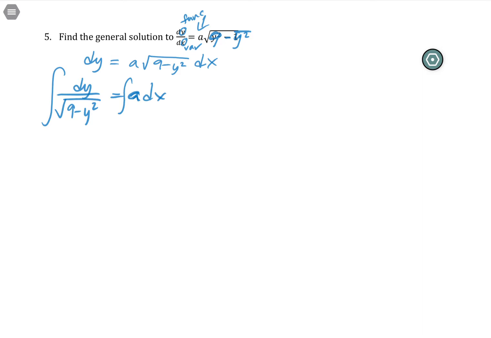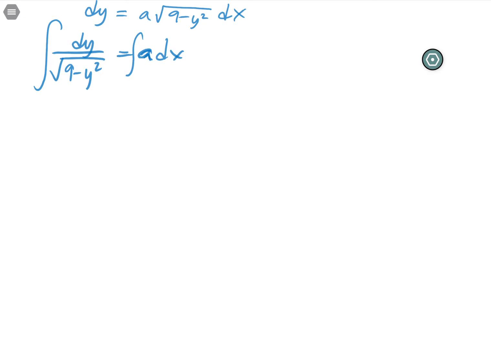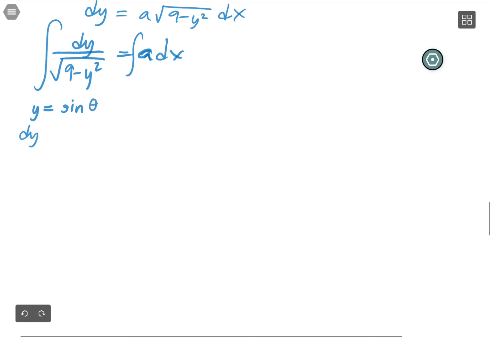Again, I just want to remind you that you can use any of your techniques, and that's actually one of the things I want to see in these last couple sections: you continue practicing all those techniques and trying to spot when you need them. So if we're going to do a trig substitution, I'm going to say y equals 3 sine theta.